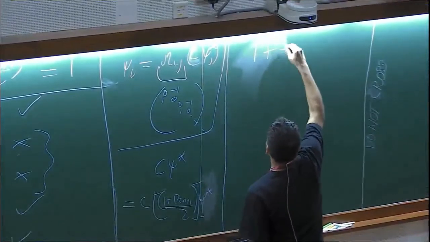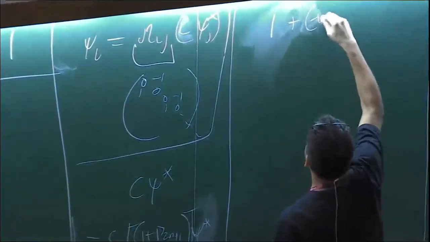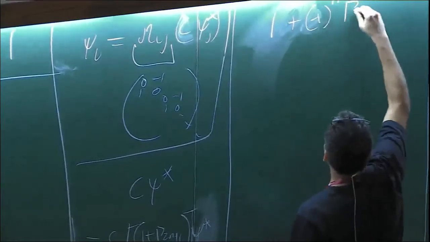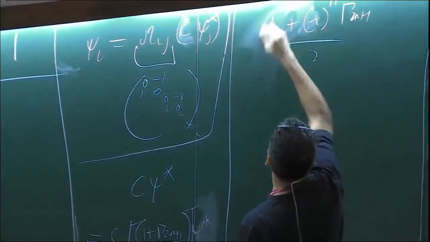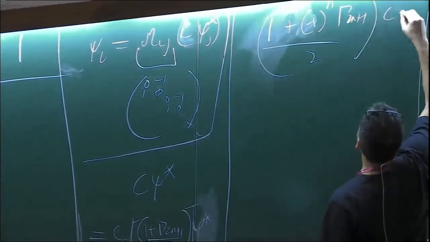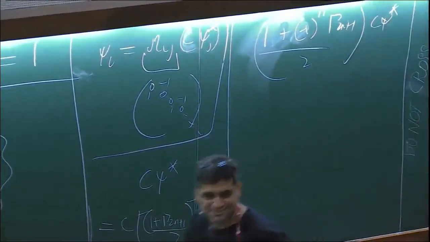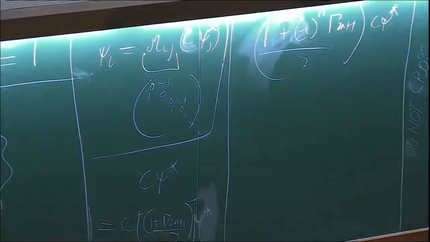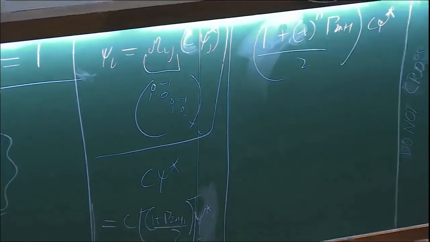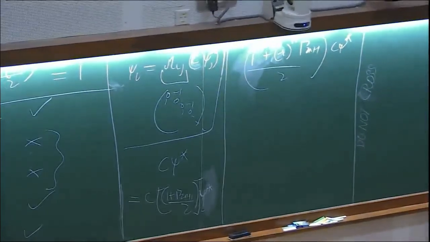So we get (1 plus (-1)^n gamma_{2n+1})/2 times C psi star. Okay?